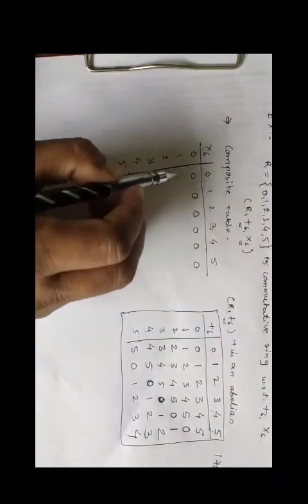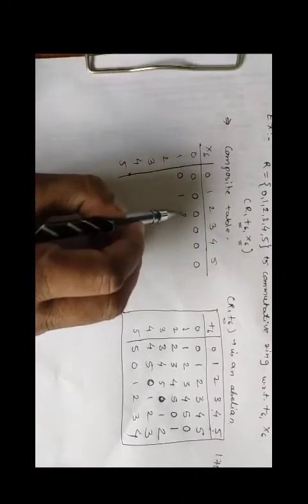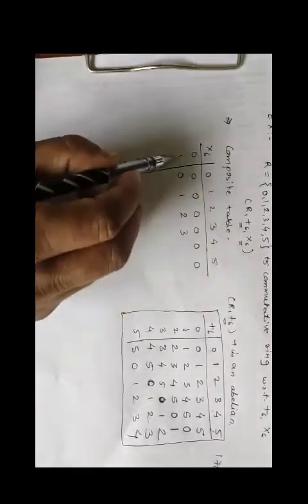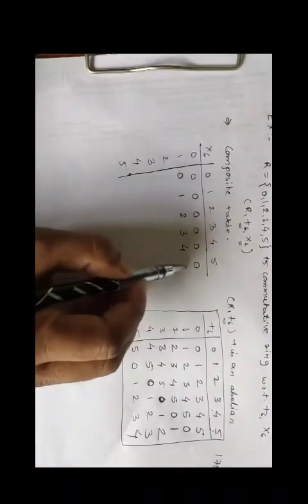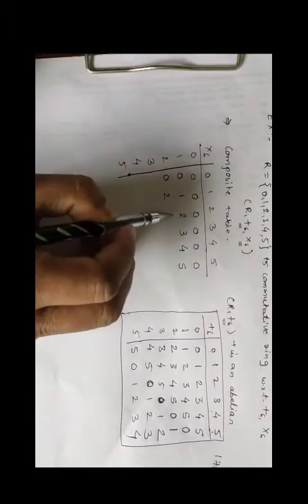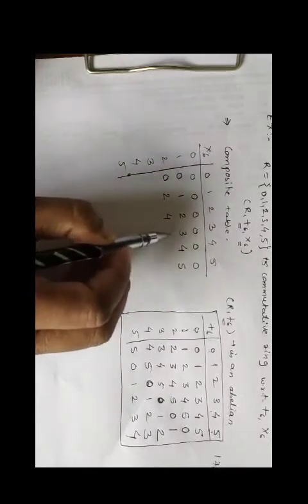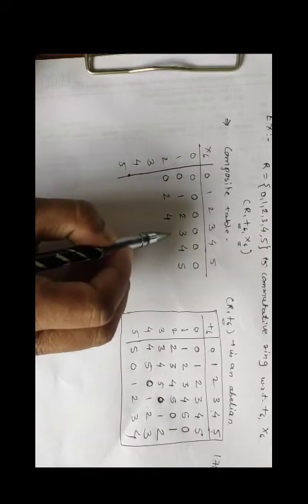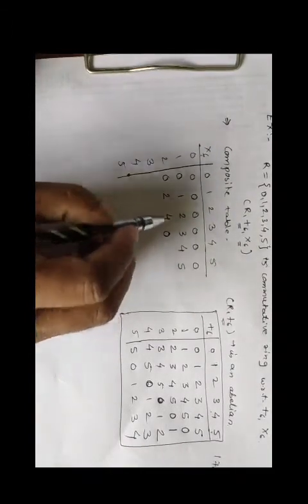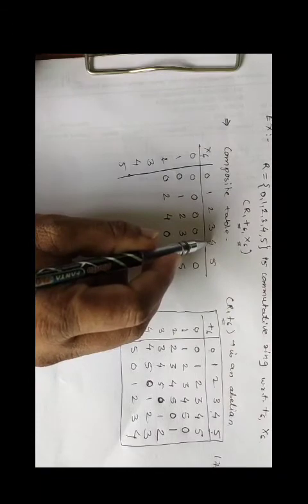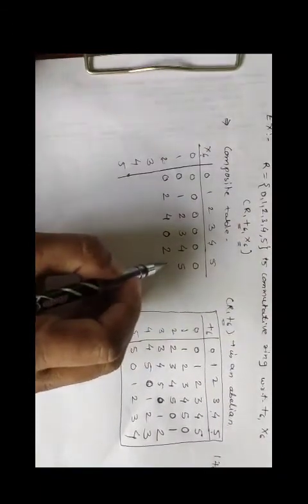Now 1 into 0 is 0, 1 into 1 is 1, 1 into 2 is 2, up to 1 into 5 is 5. After that 2 into 0 is 0, 2 into 1 is 2, 2 into 2 is 4, 2 into 3 is 6, but our integer modulo is 6, so 6 divided by 6, remainder is 0. 2 into 4 is 8, so remainder is 2. 2 into 5 is 10, so remainder is 4.